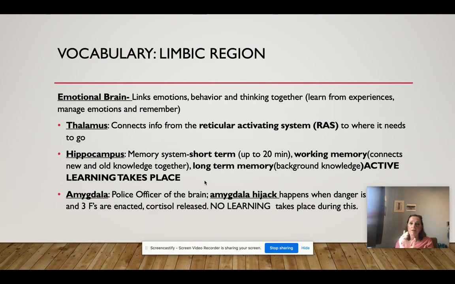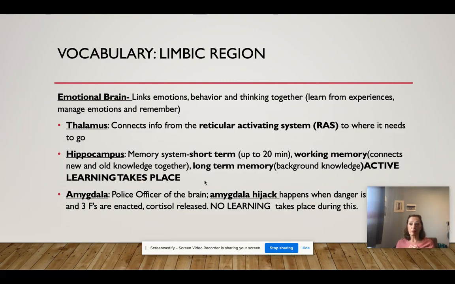However, if you have that reticular activating system grabbed and it's perceived as an alert or alarm, then we're talking about the amygdala. The amygdala is the police officer of the brain. Amygdala hijack happens when danger is perceived. That's an important concept. Danger is perceived, and fight, flight, and freeze are enacted.